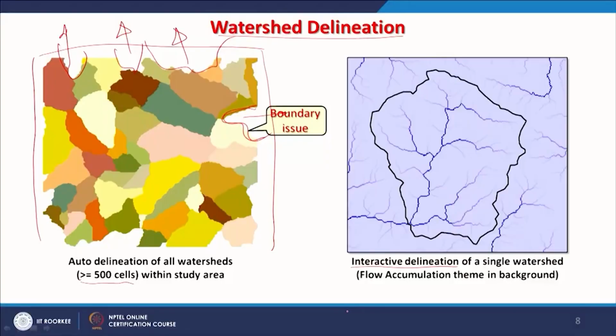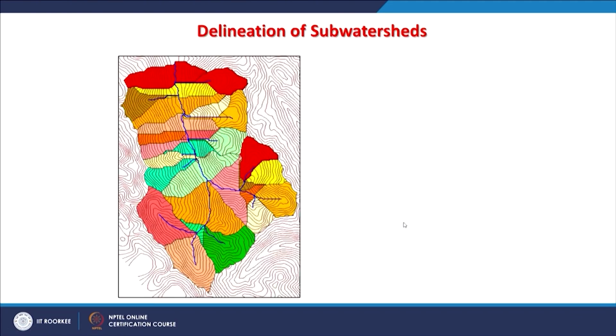So boundary issues will always be there. Anyway, you can also delineate the watershed interactively, by choosing a single outlet or pour point here, and of course in the background your flow accumulation, which is the basic theme required for delineation of watershed, was shown there.